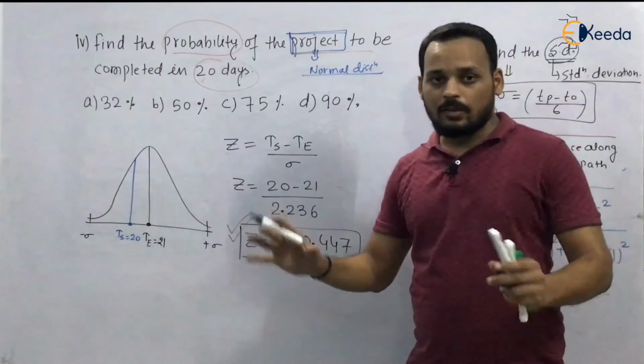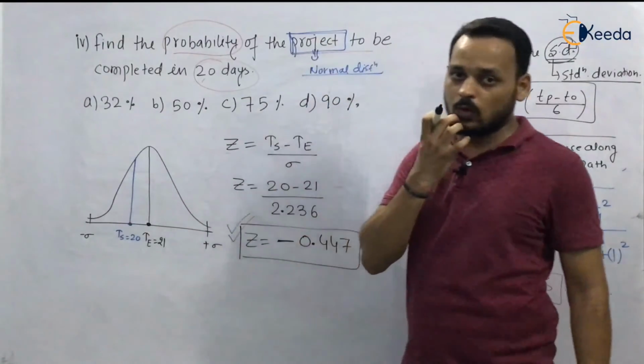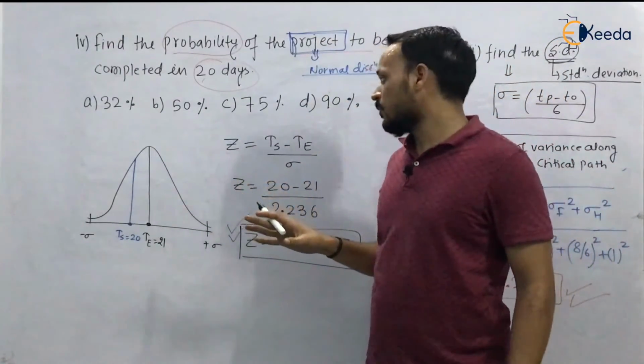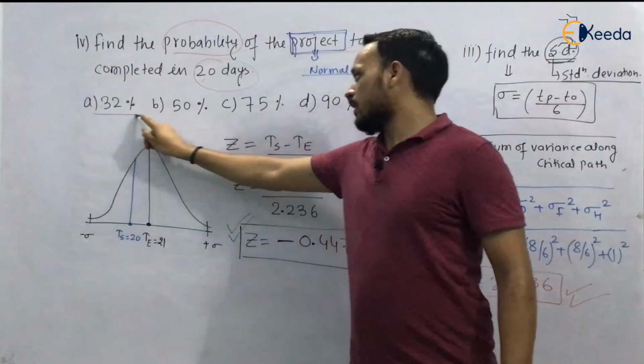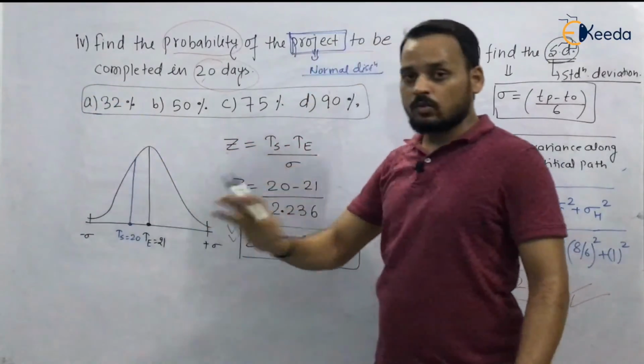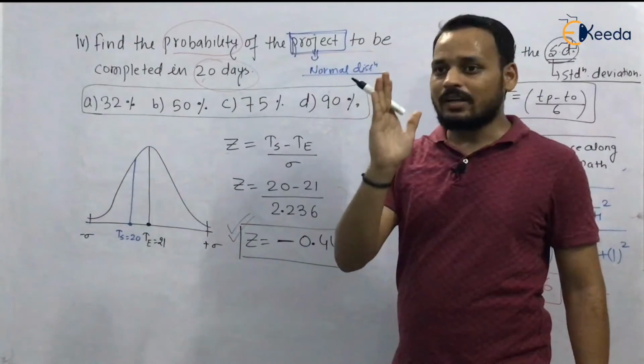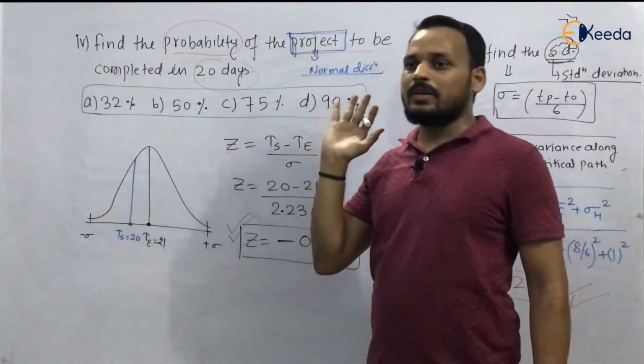So you will require the table, but in the examination you are not allowed to take the table along with you, and they will not provide any kind of table. So just look, options are given in the question, and you remember those 5 values. In the last lecture I gave the relation between the standard normal variable and the probability.